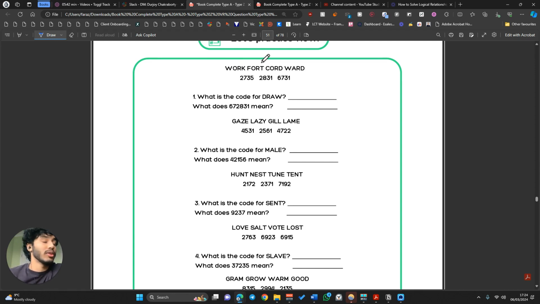So when we start this off like we did at the start, always look for one of the letters, or look at the words and see which letters have been repeated. So you can see W is used twice, meaning if there's a code in here that both of the codes start with the same number, then we can pretty much figure out what W stands for.